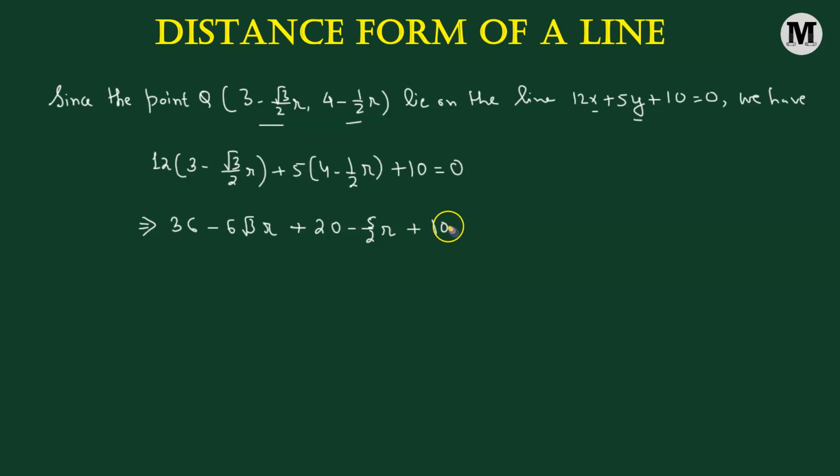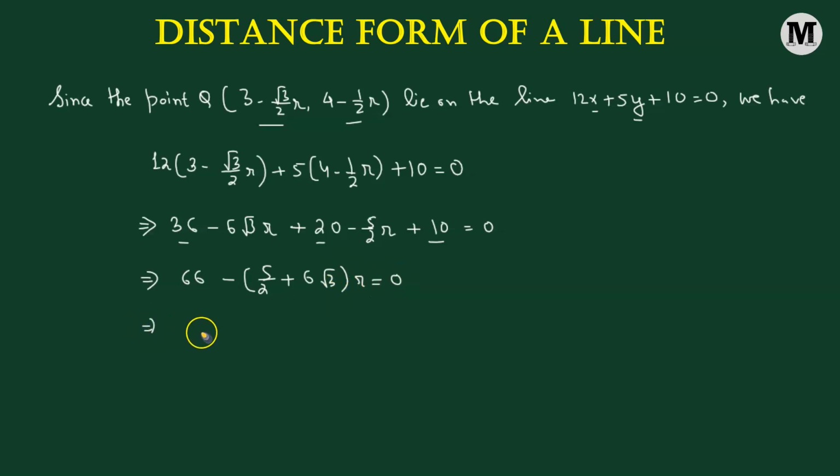Added to 10 equals 0. So 36 plus 20 plus 10 is 66. And then we take the negative as a common factor: 5 over 2 added to 6 times square root of 3, all multiplied by r, equals 0.